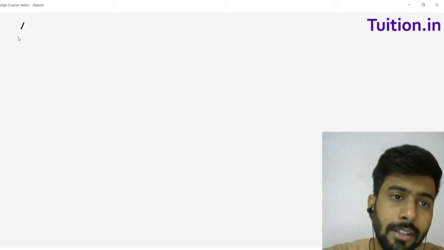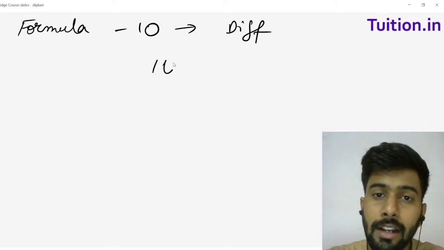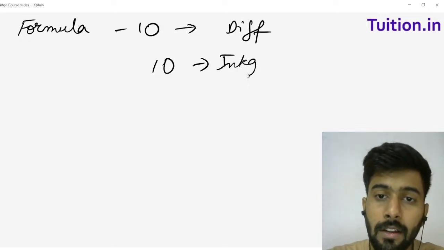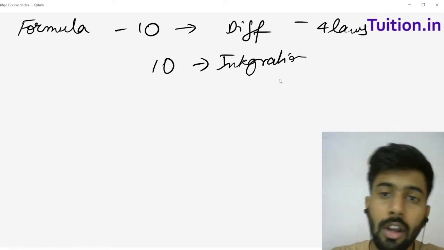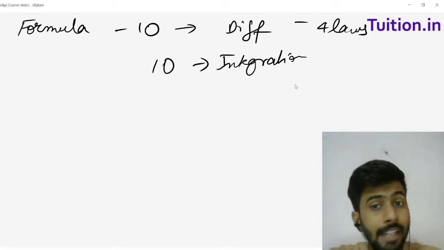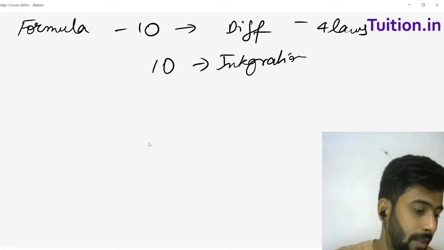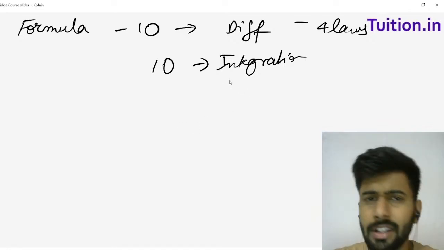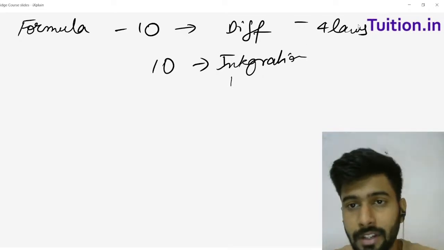We discussed some formulae, 10 formulae for differentiation and 10 for integration. For differentiation, we also saw 4 laws. For integration, we still haven't seen any laws. But guys, I would like to tell you, differentiation has 4 laws.